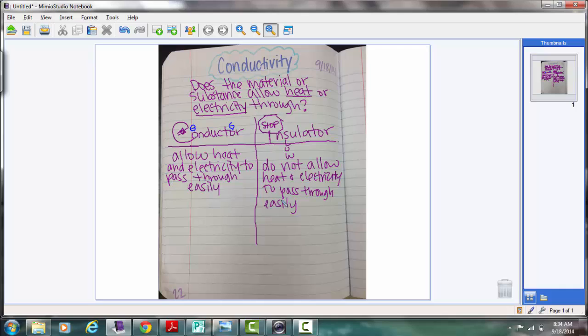Okay, and sorry, my pen is not being my friend today on the Mimeo, but those are your notes. Tomorrow we will investigate heat conductivity and electrical conductivity and see some of these conductors and insulators in action.